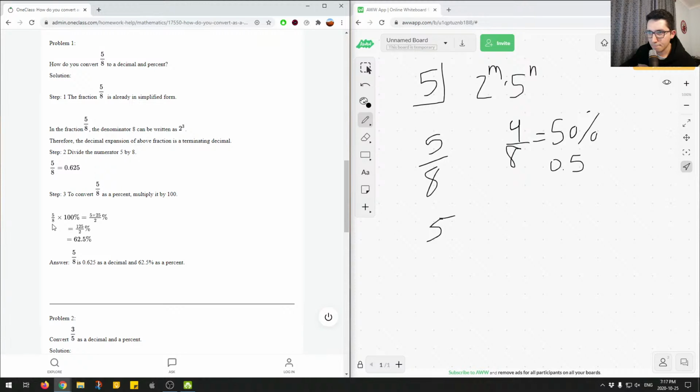Let me see here, what did they do here? So 5 times 25 divided by 2. Okay, so essentially what they did here is, if we had 5, and we know that 8 is 2 times 2 times 2.